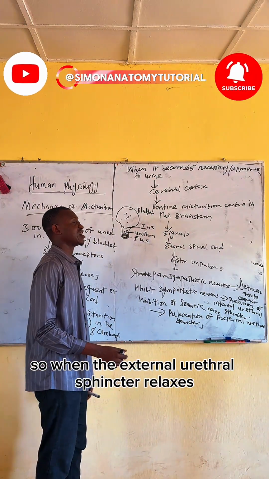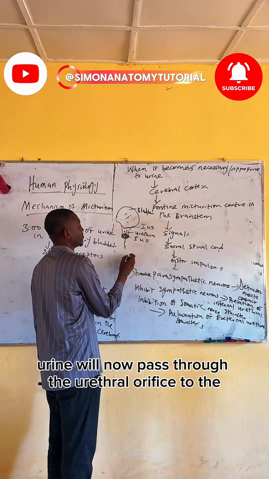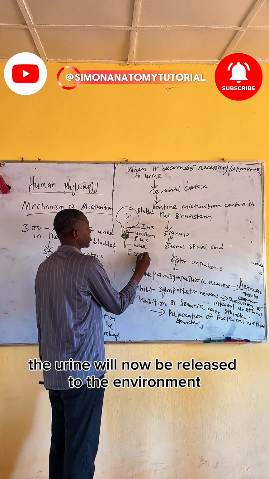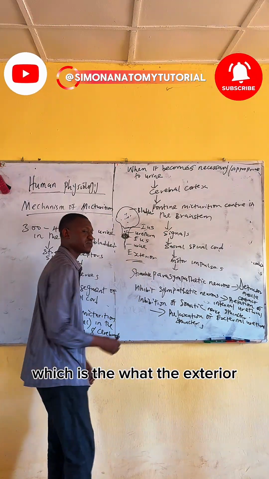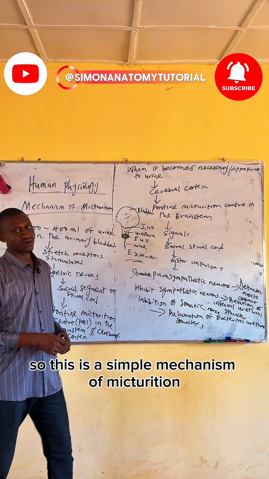So when the external urethral sphincter relaxes, urine will now pass through the urethral orifice to the exterior. The urine will now be released to the environment. So this is a simple mechanism of micturition.